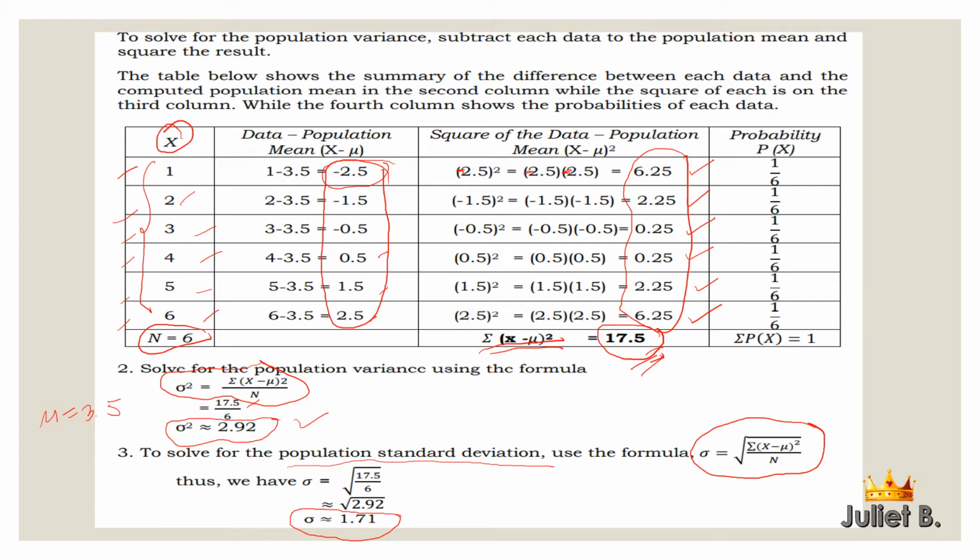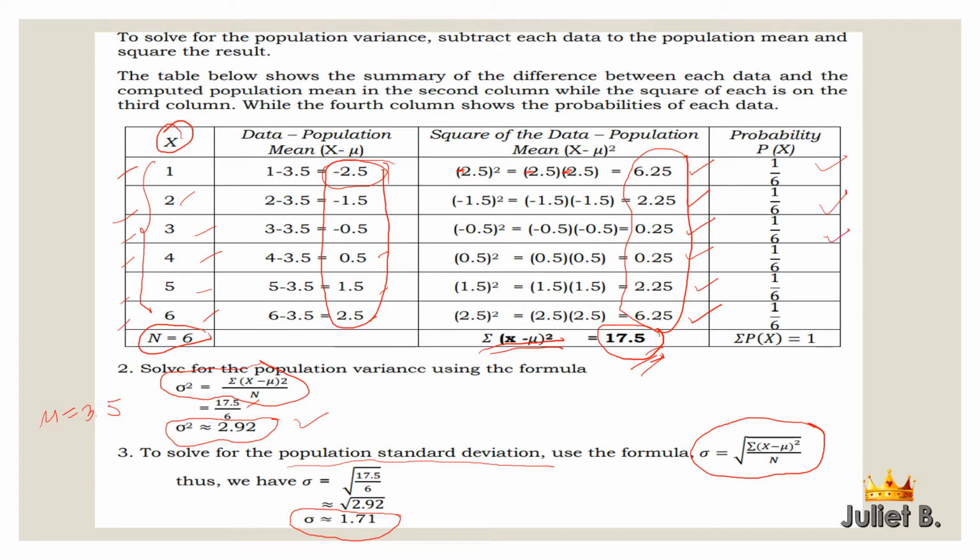Now, our fourth question is, we are asked to construct a probability histogram. And for us to do that, we'll be needing the probabilities of each population. As you can see, how many 1s do we have in the population? There is 1 over 6. Same with 2, just one, so 1 out of 6.